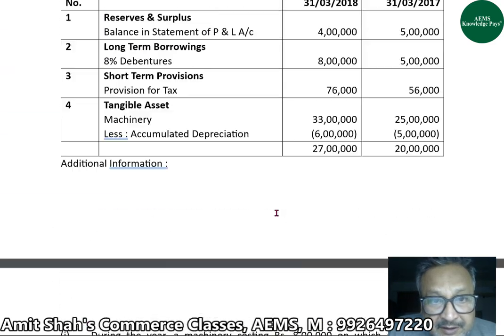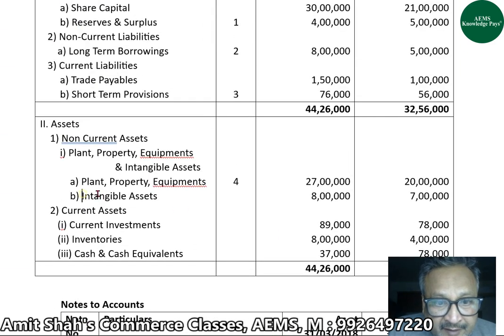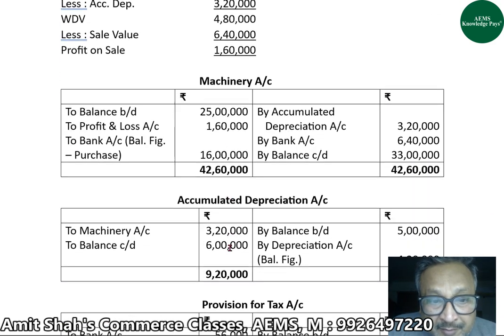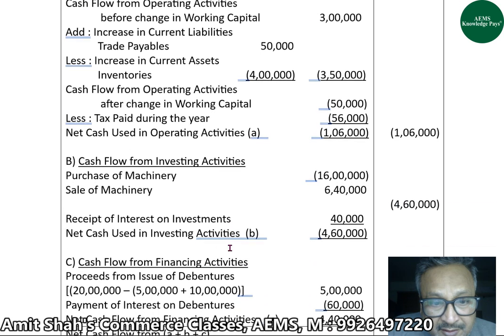Apart from this, in the balance sheet, we have intangible assets increasing by rupees 1 lakh. Now, its details are not given to us. Its notes to accounts is not with us. So in that case, we will assume that we have purchased intangible assets with rupees 1 lakh. So that also will be part of investing activities.